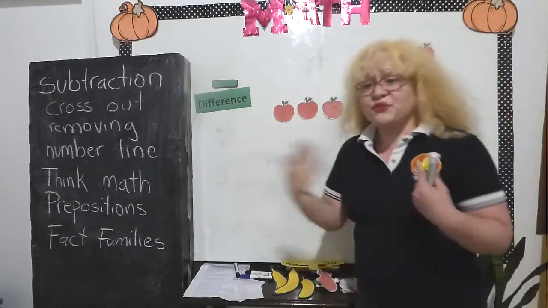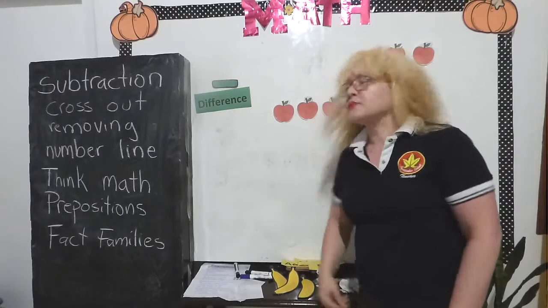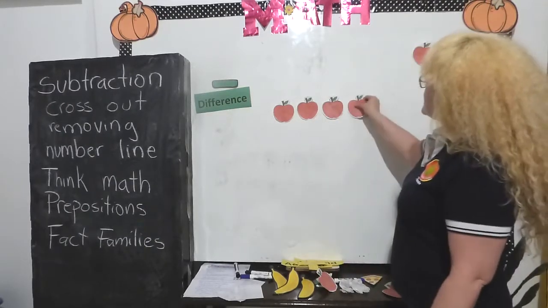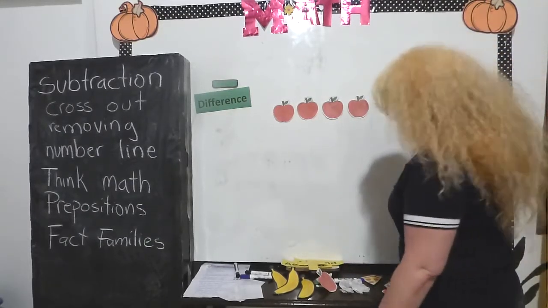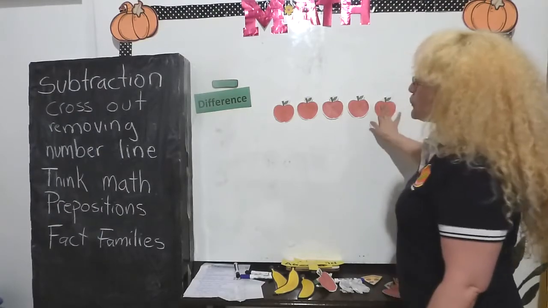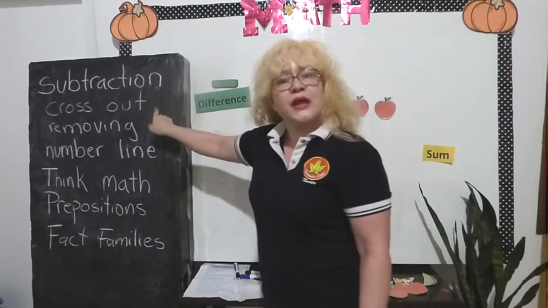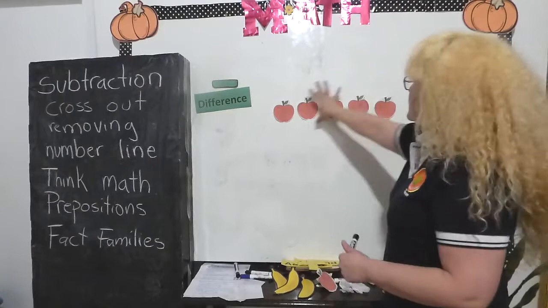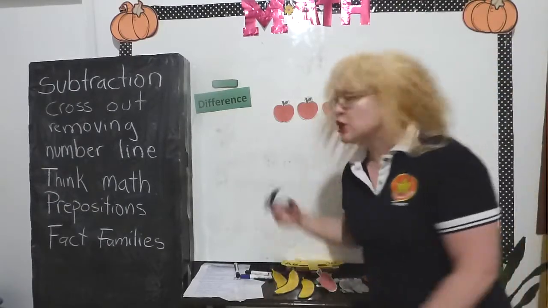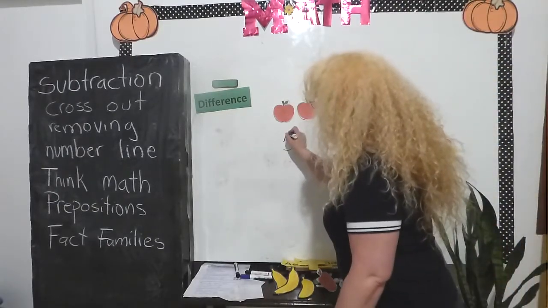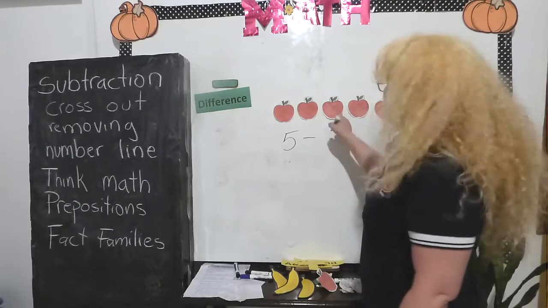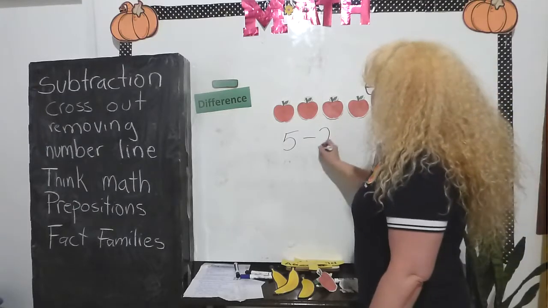There are different ways of subtracting. One of the ways is crossing out. And my equation, I need to check my equation, it would be 5 minus 2.